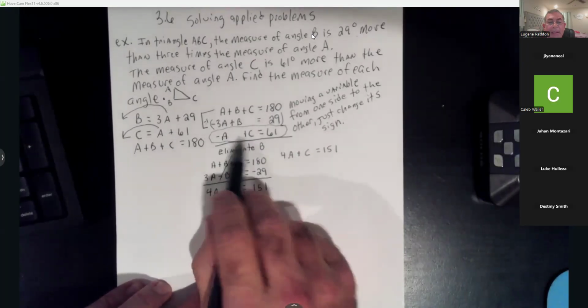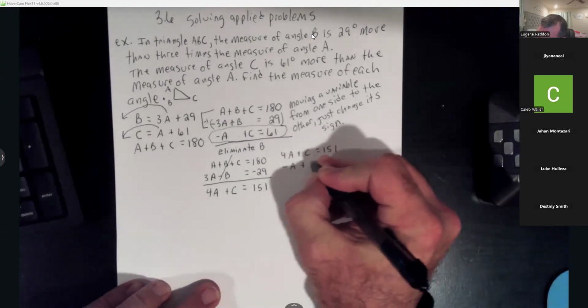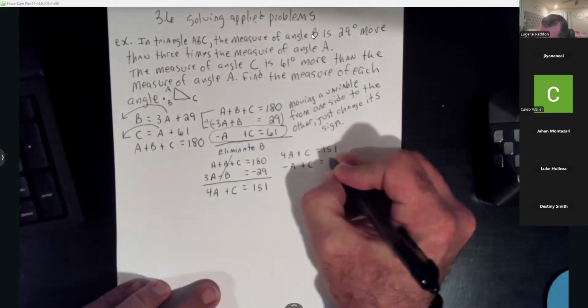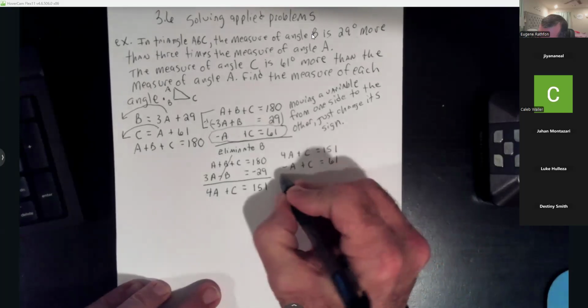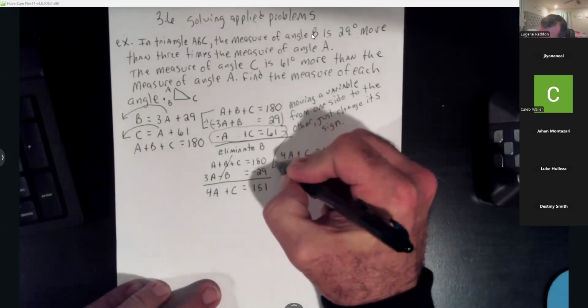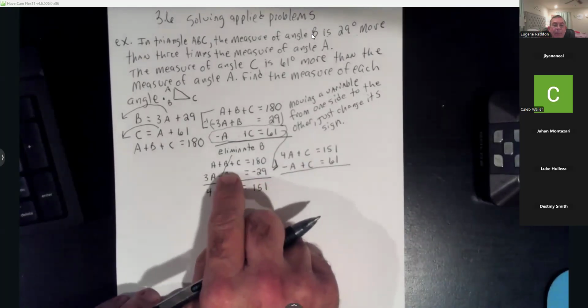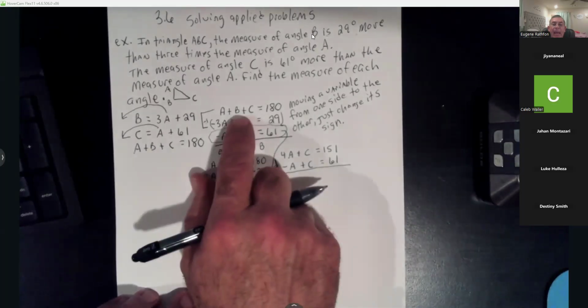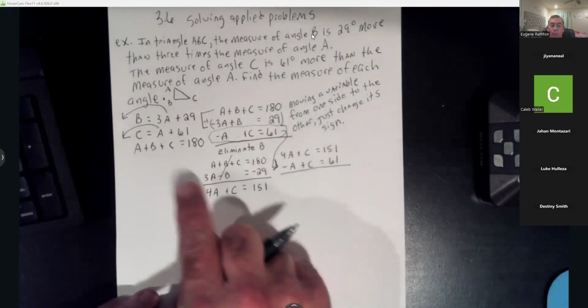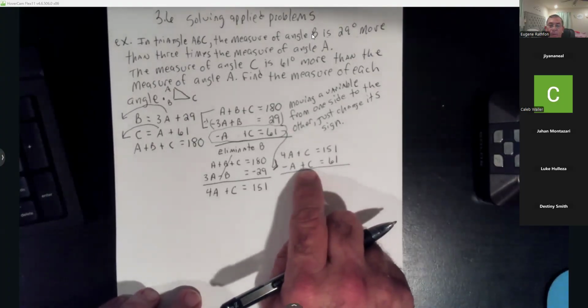I can automatically bring this equation down, negative a plus c equals 61, as my second equation. Okay, so you only had to eliminate by adding the two equations one time. The third equation automatically comes over.